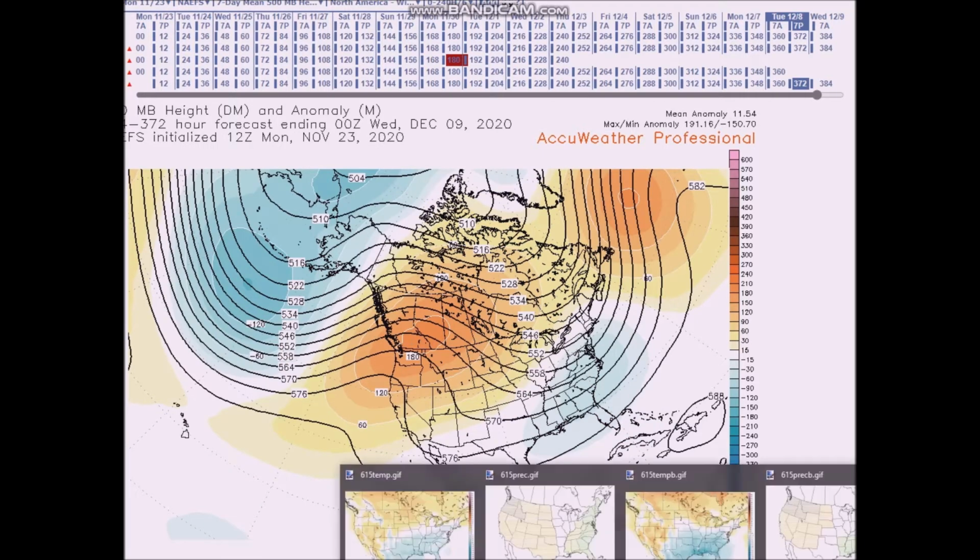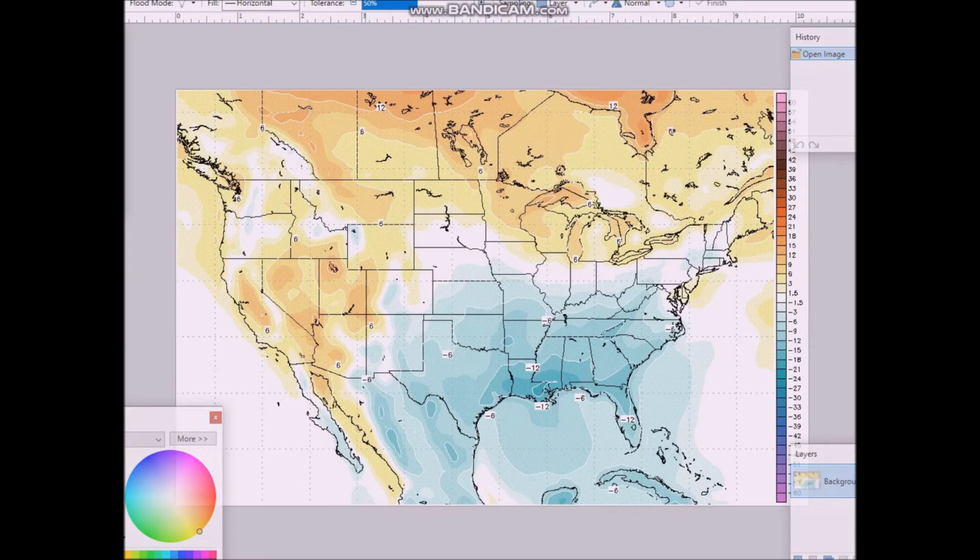So I'm calling for this forecast period above normal temperatures for much of this region here, with anomalies of 4 to 6 degrees above normal. Below normal temperatures are forecast here. Now here the anomalies might be a little high because there are higher normals during this time of year compared to the rest of the country.